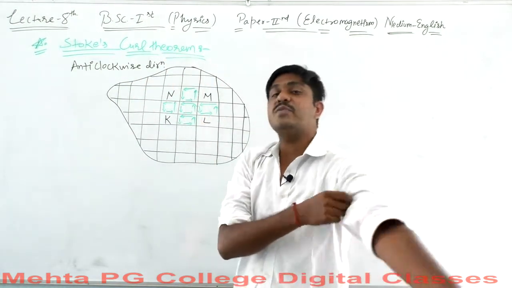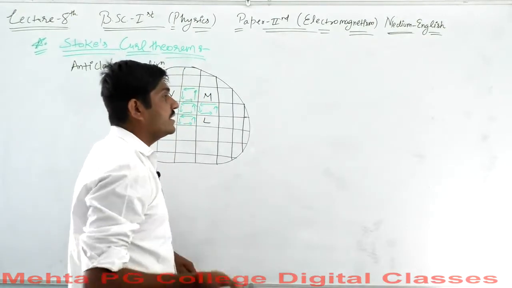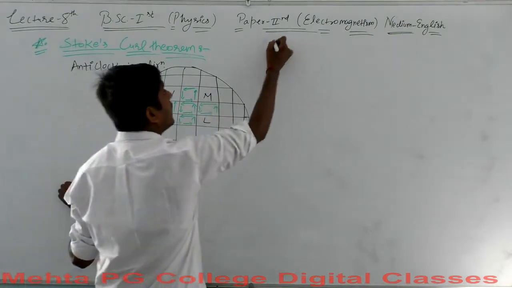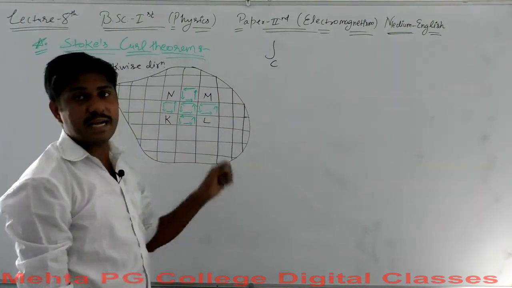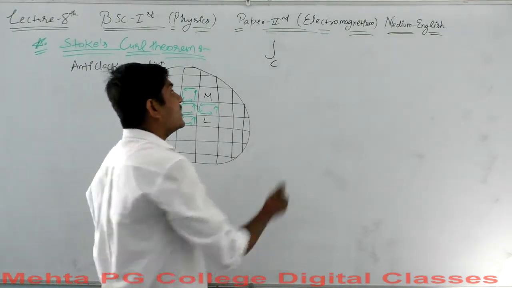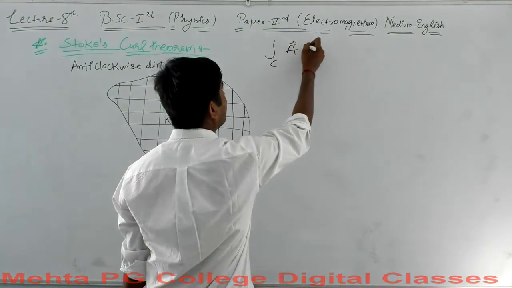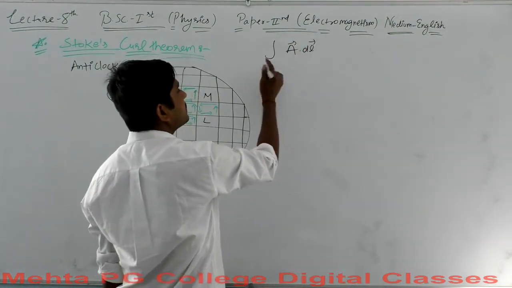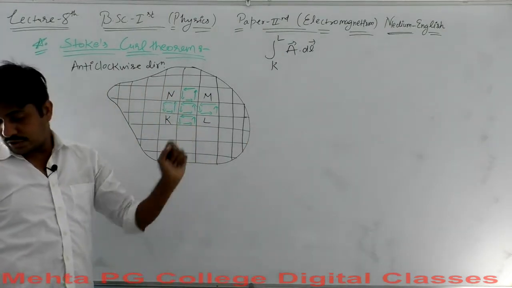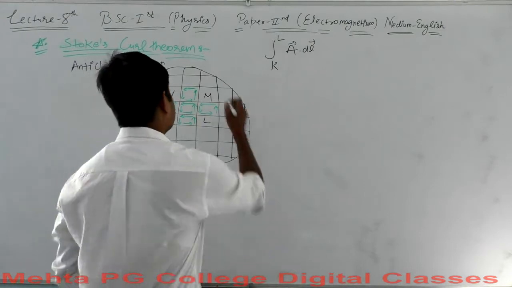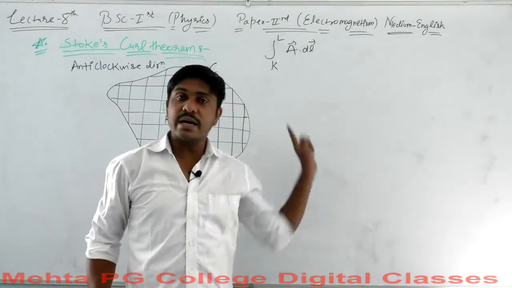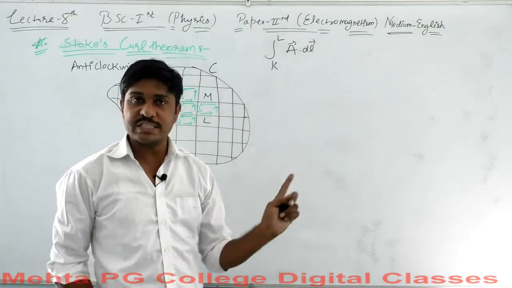Let me write it mathematically, you will understand it far better when seeing a line integral there. The line integral for a closed loop, or a closed circumference, of A dot dl, following the direction K to L. This is the constituent particle which is following the direction K to L, and the whole boundary should be considered as C. This is the total curve, the total circumference you can say.